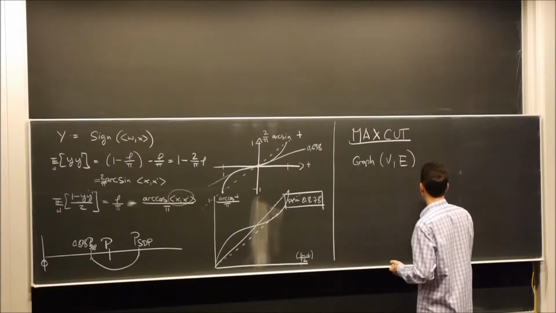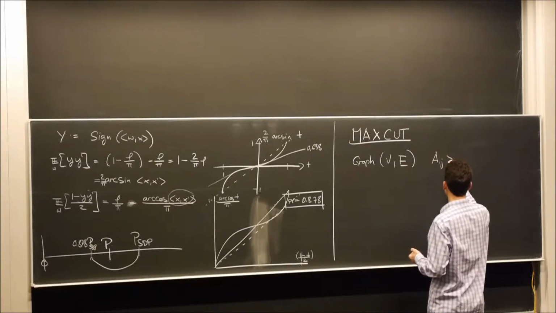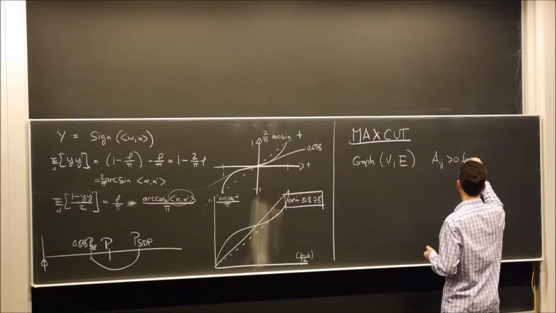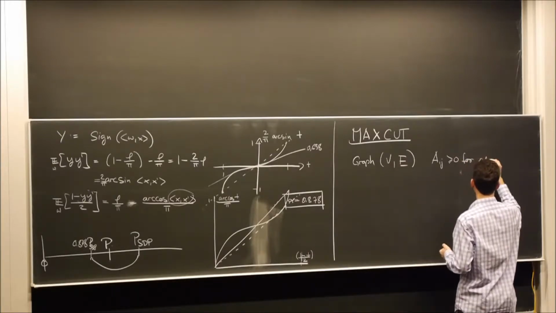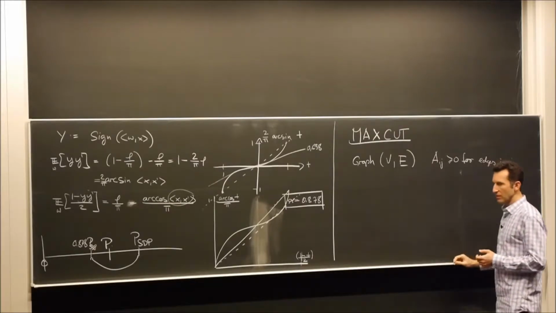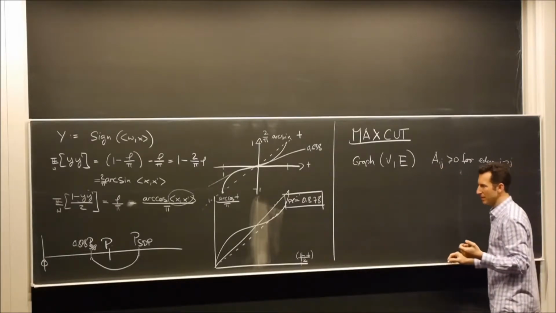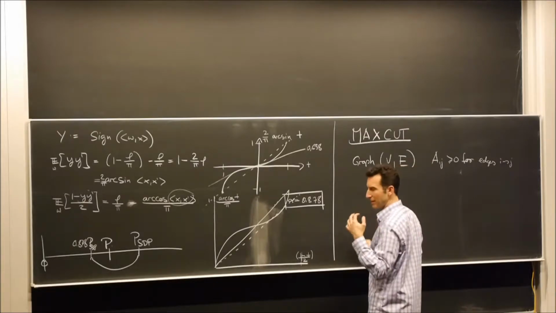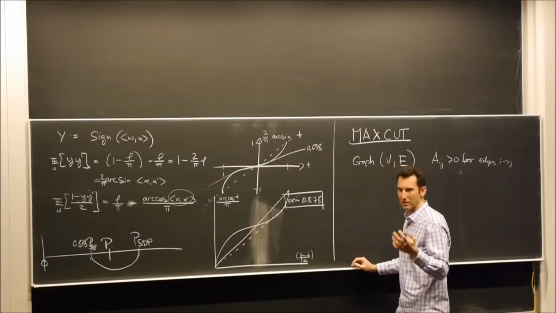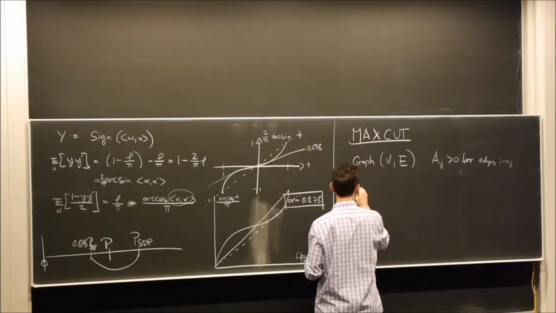Those edges have the property that they have a weight Aij attached to them, going from i to j. And I'm interested in finding the maximum cut between i and j. So I'm basically interested in finding the cut that is the most valuable, the most expensive, or the most interesting in whichever other version.